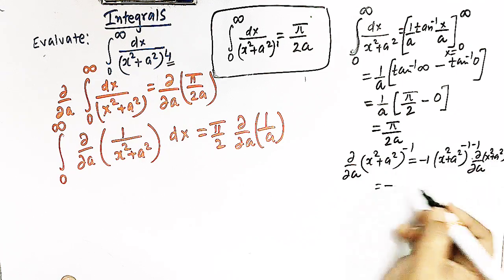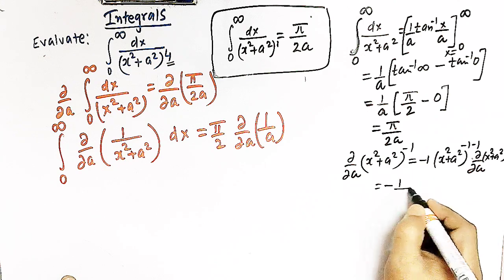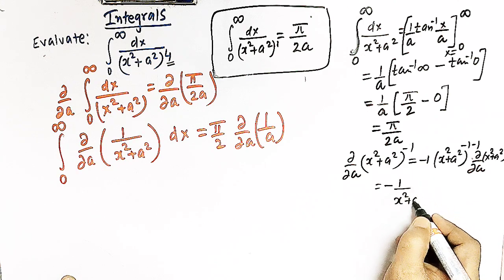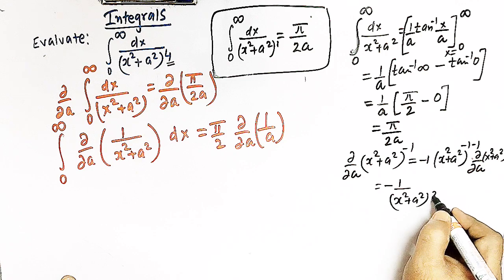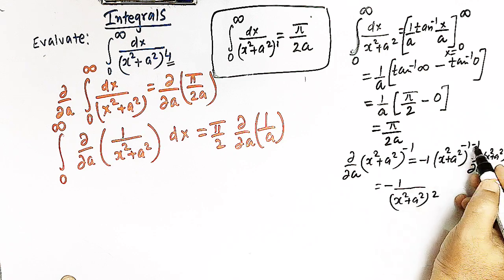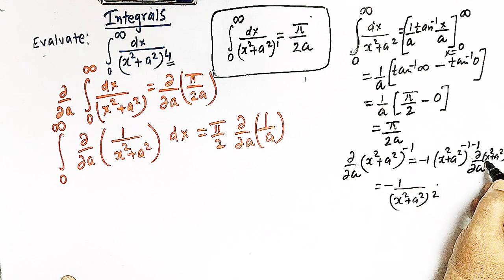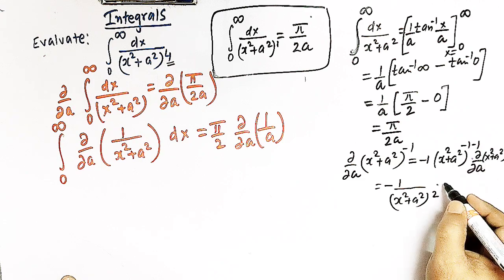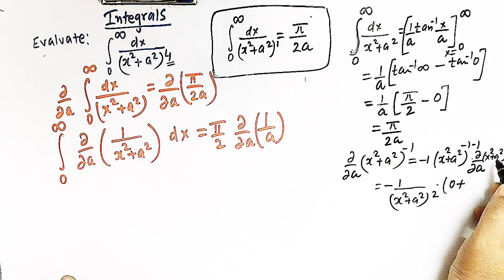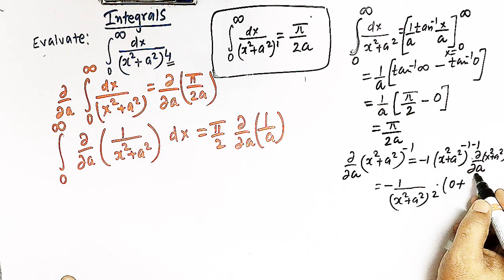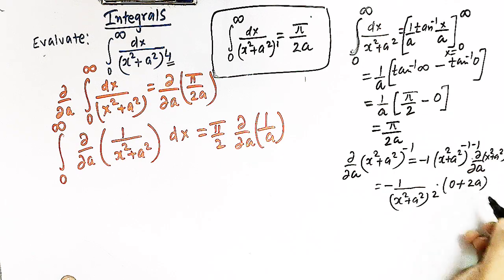So here we have minus, and here we can now write (x² + a²) raised to 2, because here we have minus 2, and then the partial derivative of x² with respect to a is 0, and the derivative of a² with respect to a is 2a.